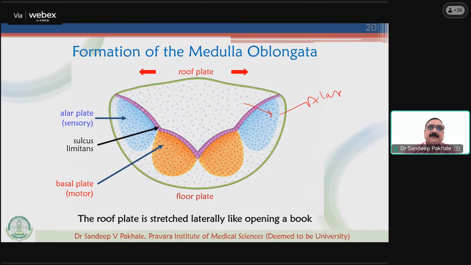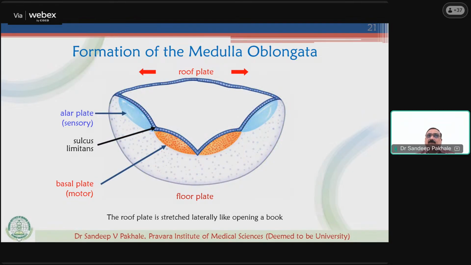While the basal plate remains medially. The alar plate is responsible for sensory function and the basal plate is responsible for motor function. So compared to the spinal cord, where sensory is dorsal and motor is ventral, in the medulla we see a medial motor and lateral sensory organization.